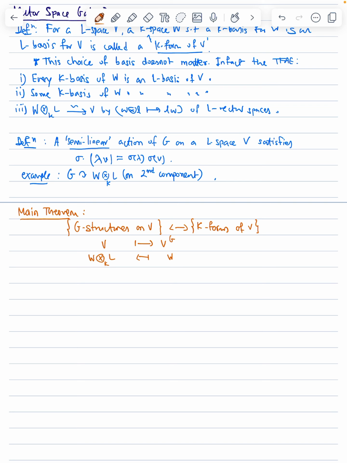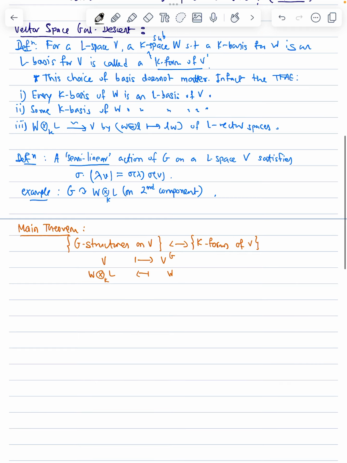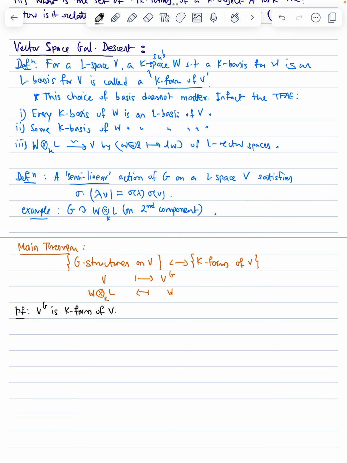By that I mean we have to show, firstly, that the invariant set is a K form. So to just give a brief idea of how this proof will go, you can use either of these three conditions that I wrote before.